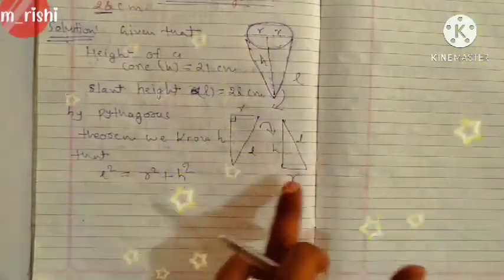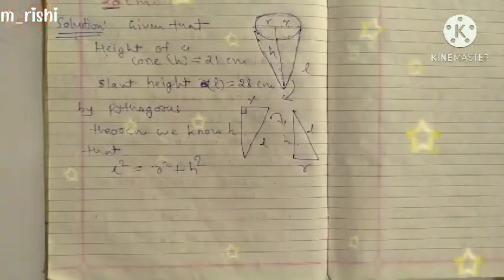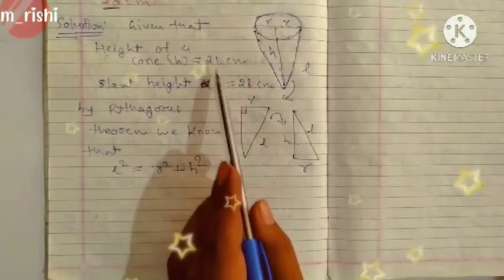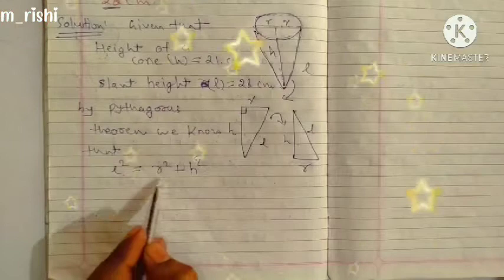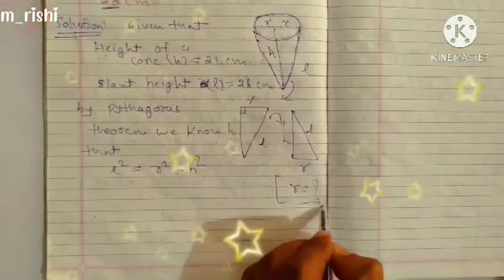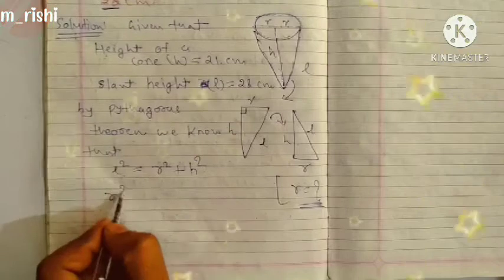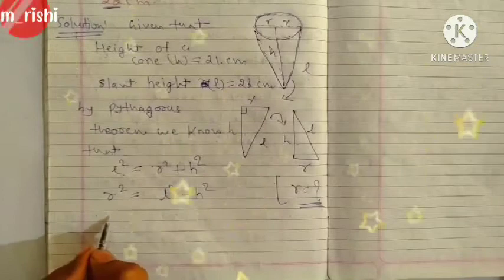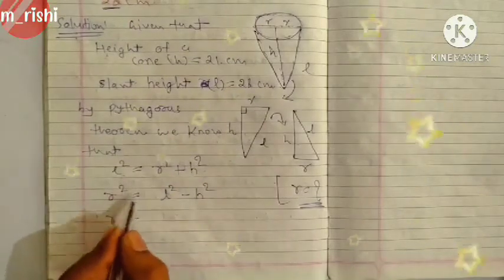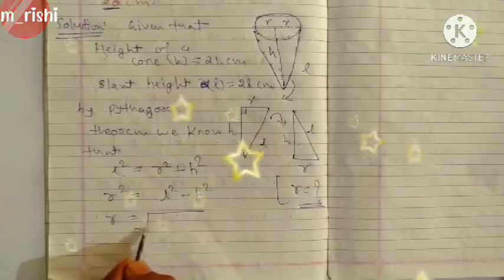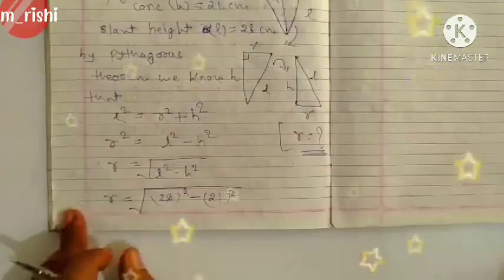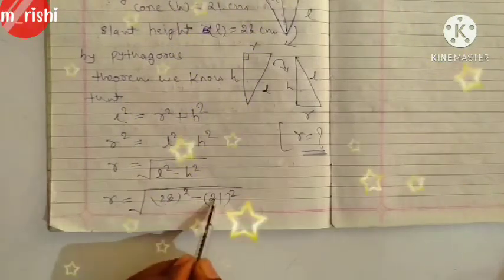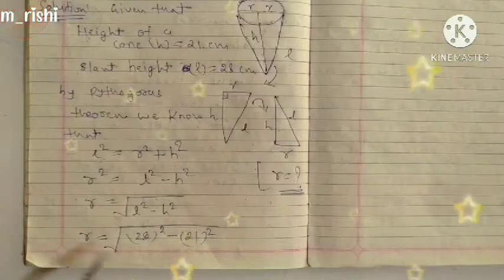This is the Pythagoras theorem we obtain in the triangle. We find r. So r square plus h square equal l square, so r square equal l square minus h square. So r is under root of l square minus h square. Put the value, 28 whole square minus 21 whole square, under root.